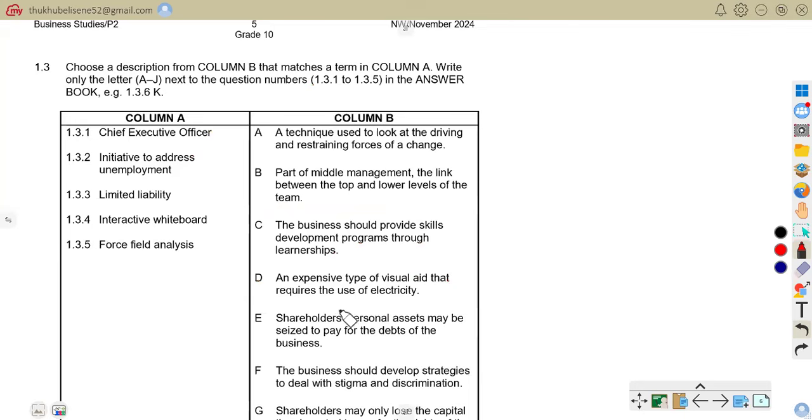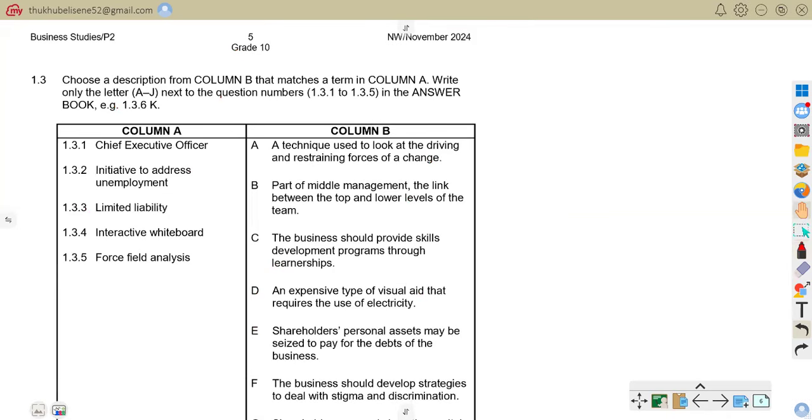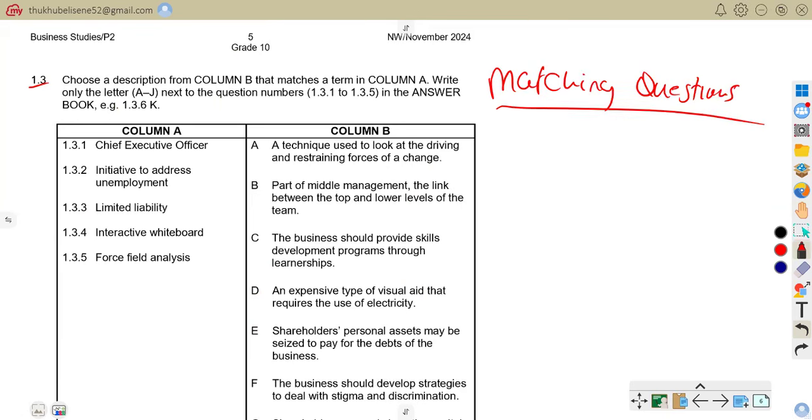Now we are on 1.3. We are talking about matching questions. That is all about matching questions.